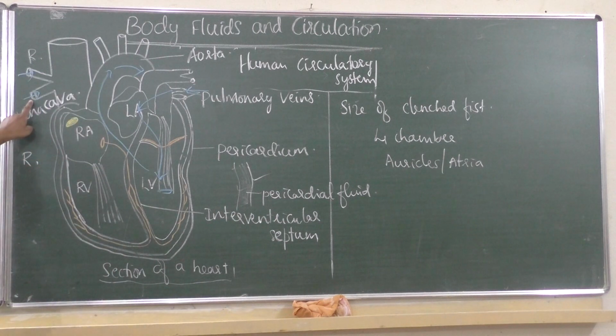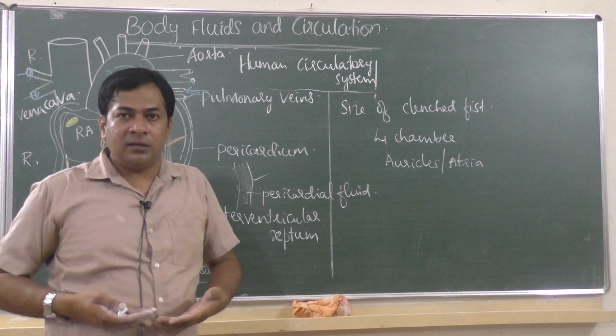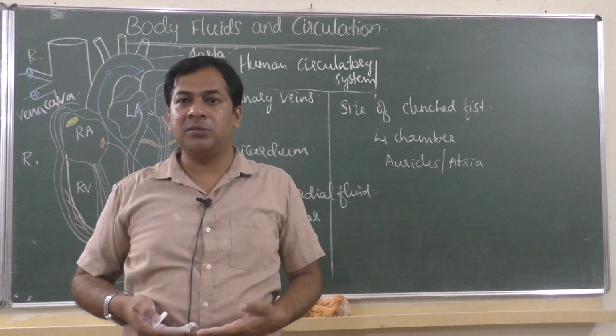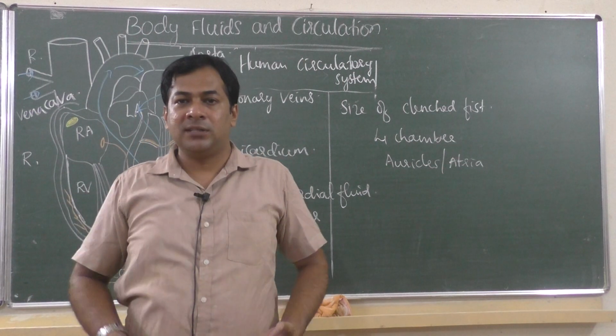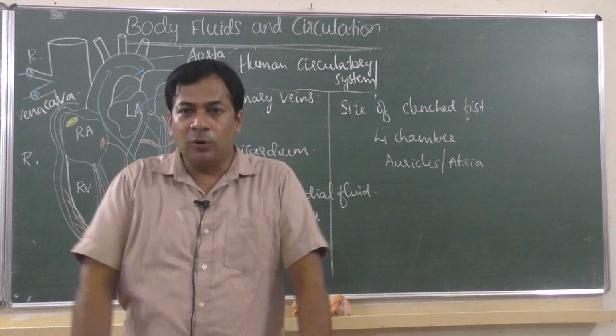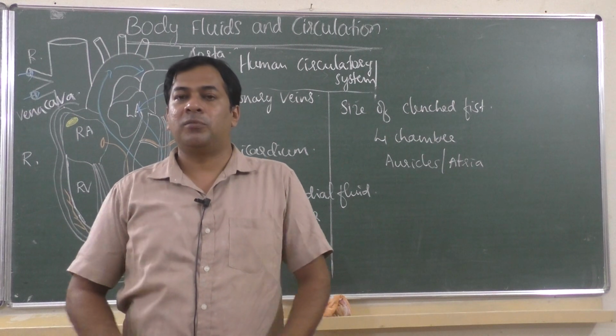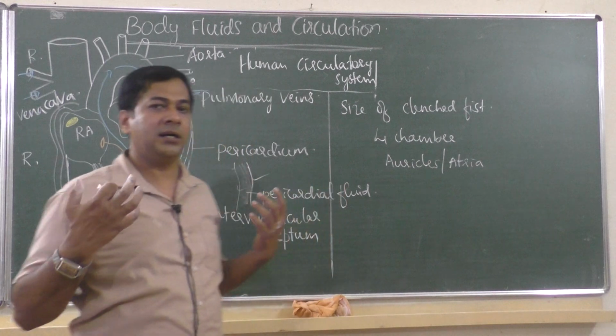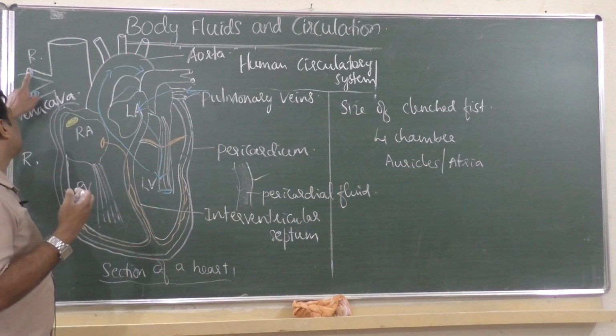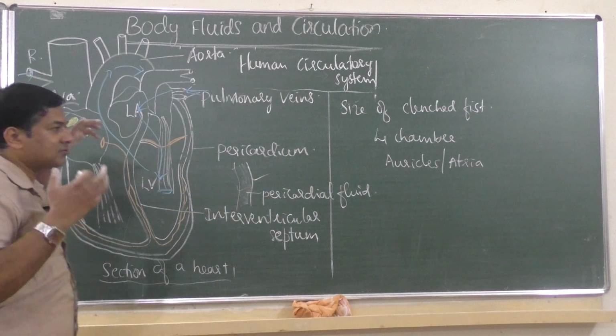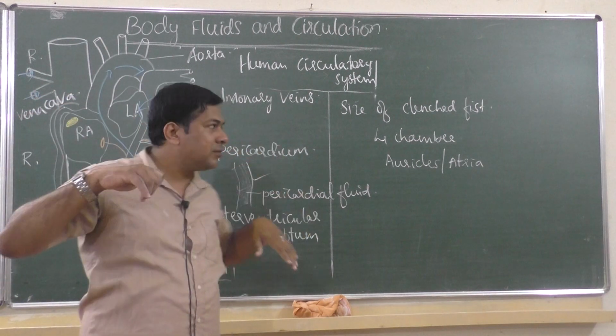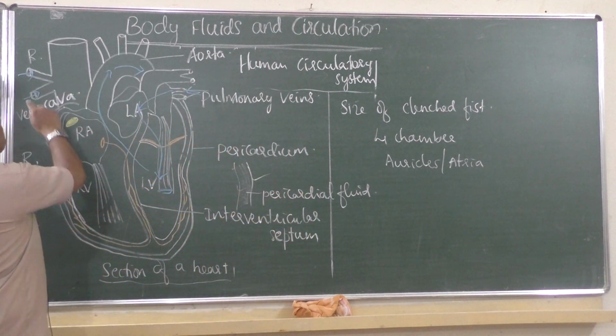This is inferior vena cava, meaning the vena cava collects carbon dioxide mixed blood from the lower part of the body. See, below the belt, lower part, legs, limbs. From the lower part of the body it collects blood. Then superior vena cava collects from the upper part of the body.